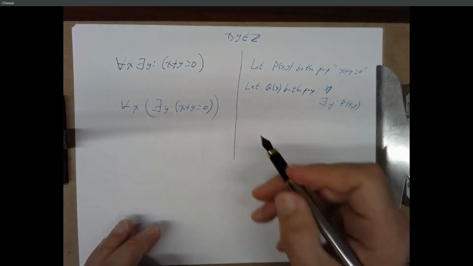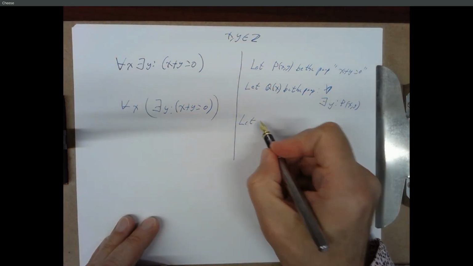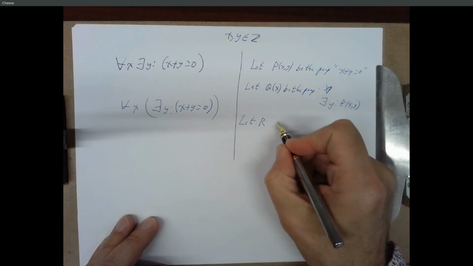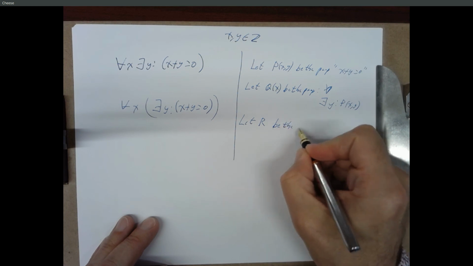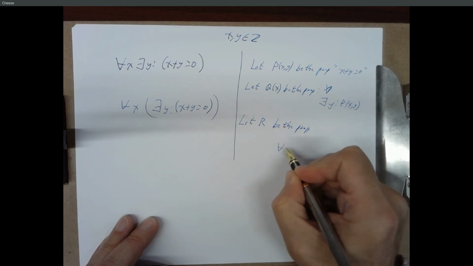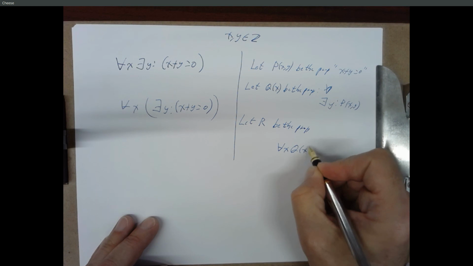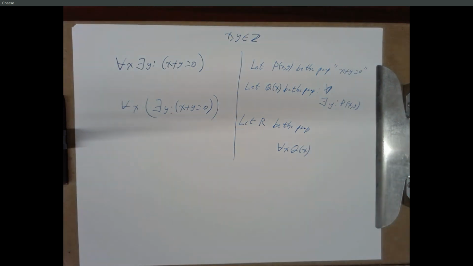And then we could let R be the proposition for all x, Q of x. And so R is a proposition that does not depend on a particular x or y. It's a statement that for all x there exists a y. So that's another way to look at the breaking into parentheses.